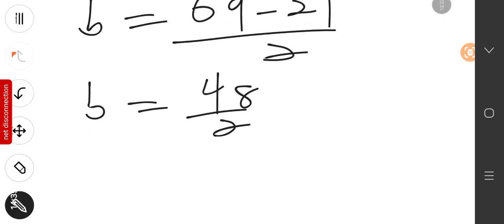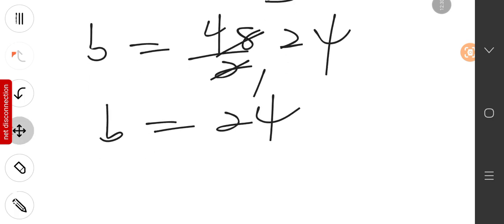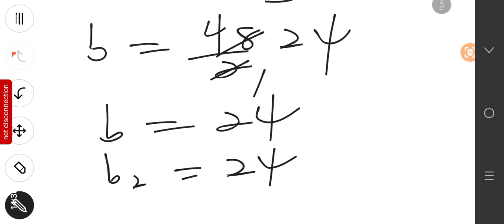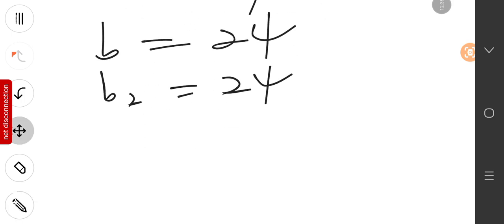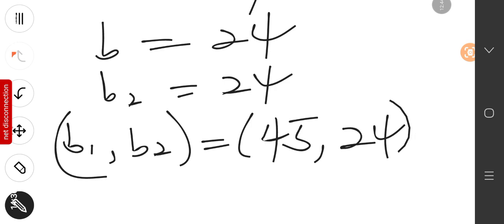Now 2 cancels itself, 1, and 2 into 48 is 24. So b equals 24. So we say b2 equals 24. So b1, b2 equals 45, 24.